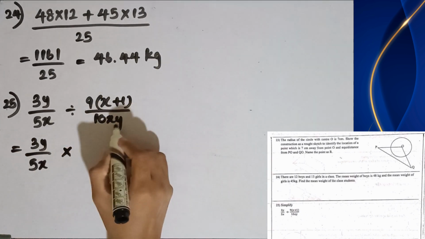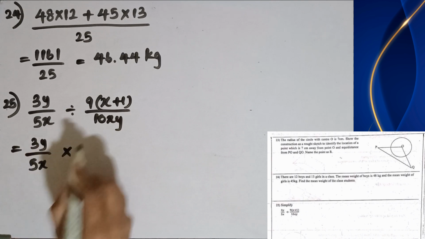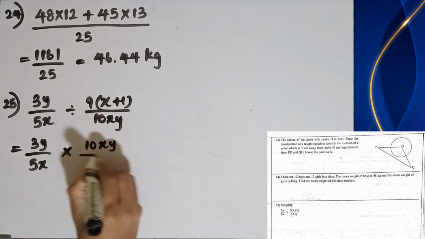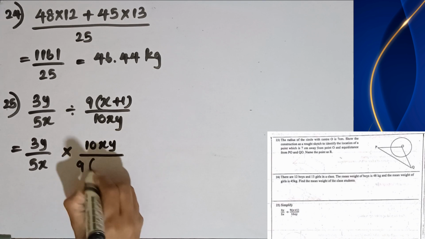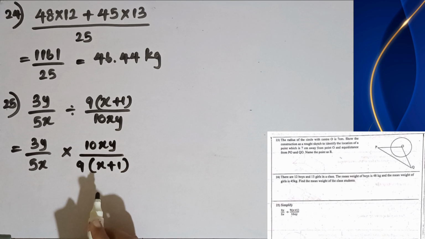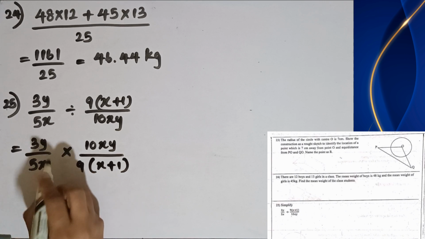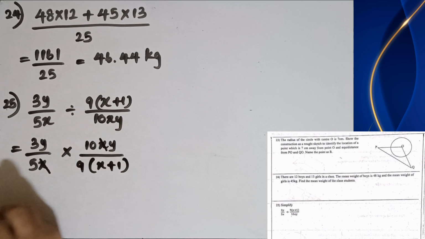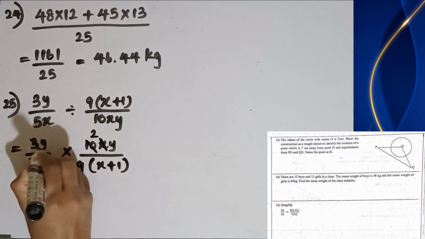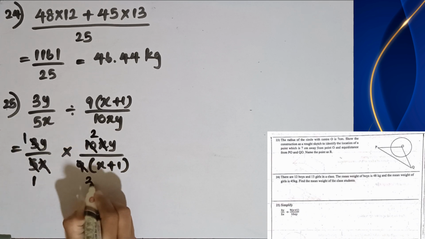That means we have to interchange the numerator and the denominator. So 10xy comes here, 10xy over 9 times x plus 1. Now we can simplify the common factors. x and x you can remove. Then 5 times 1, 5 times 2. Then 3 times 1, 3 times 3.